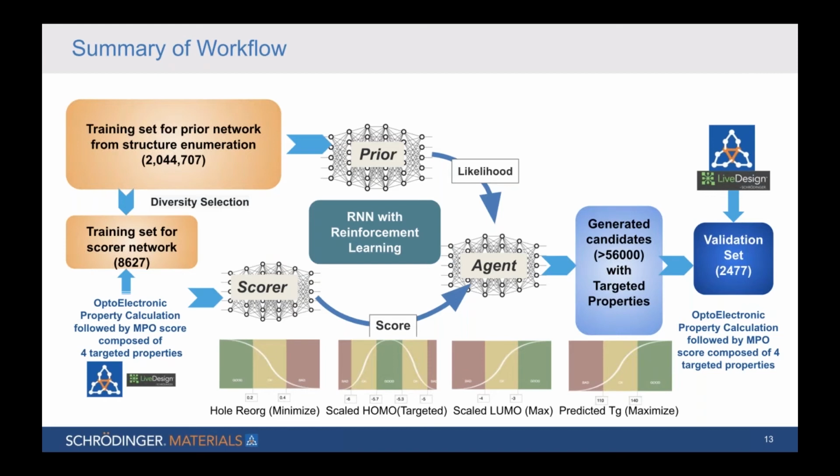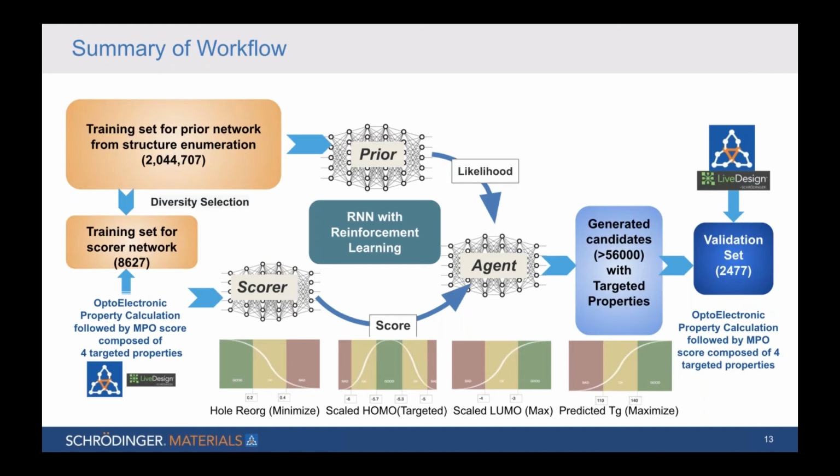Now, when we look at these generated candidates, it not only gives us the structure, but also a predicted score of these structures based on the scorer neural network that is fed into it. The score is on the same scale as the MPO score. The majority of these generated candidates have a predicted MPO score above 0.8, which is considered high.